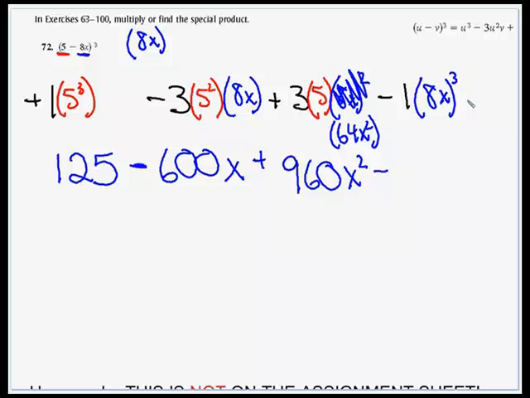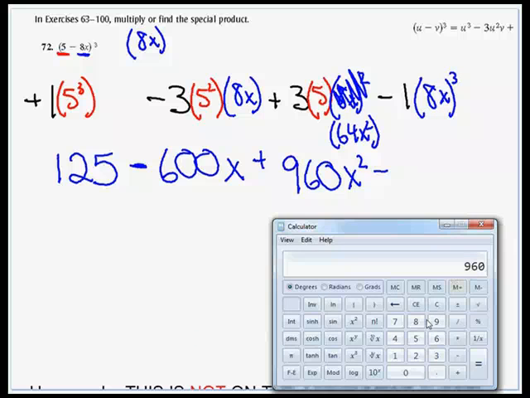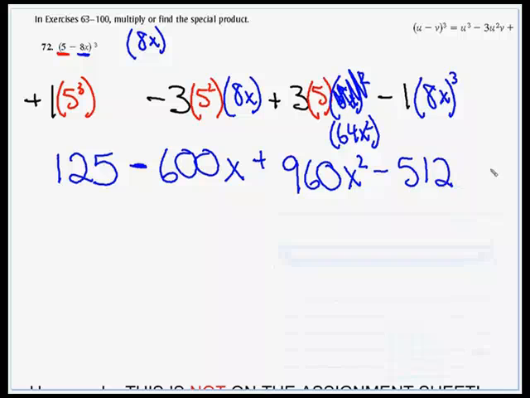And then minus, here we're going to have 8x, that quantity to the third. So 8x times 8x times 8x. Well, for the coefficients, 8 times 8 times 8 is 512 x to the third. And there is our expansion of our binomial to the third power.